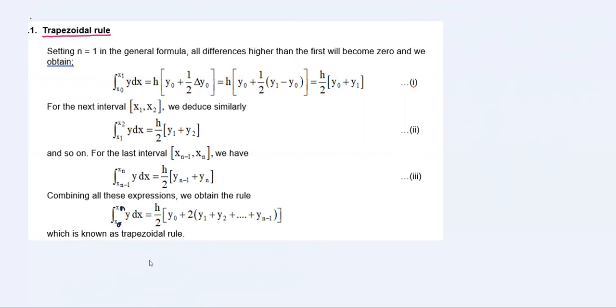If we combine, we should be getting h by 2 times y naught plus y1, plus y1 plus y2, plus y2 plus y3, and so on, and you will get at the last yn minus 1 plus yn.